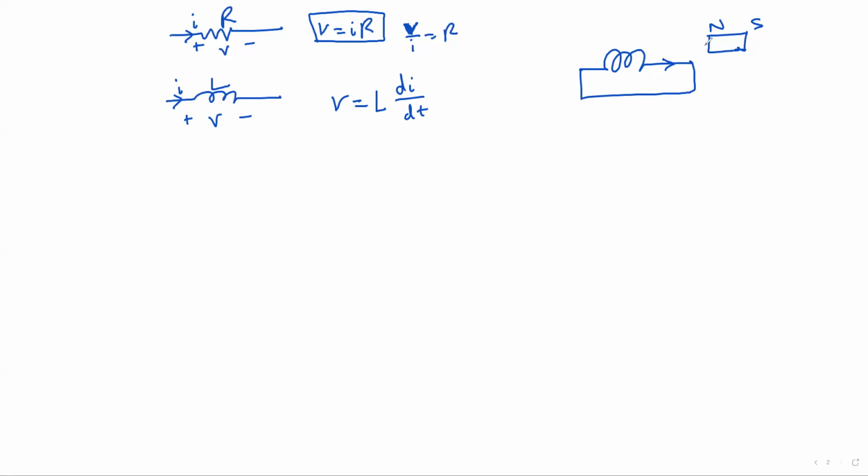So basically, there is going to be a voltage induced across the inductor, and that voltage is proportional to the number of flux lines that pass through the coil per unit time. So the rate of change of flux lines with respect to time.